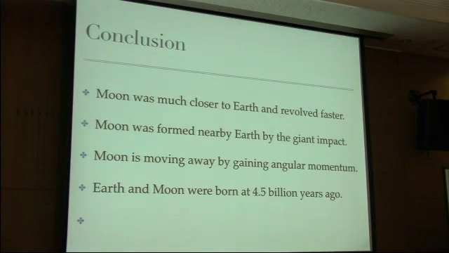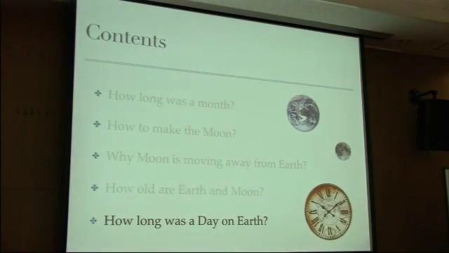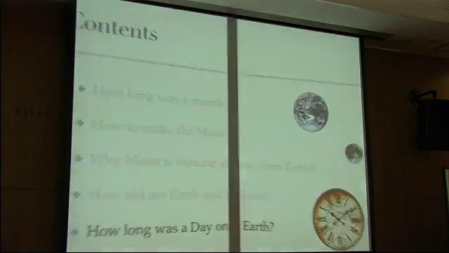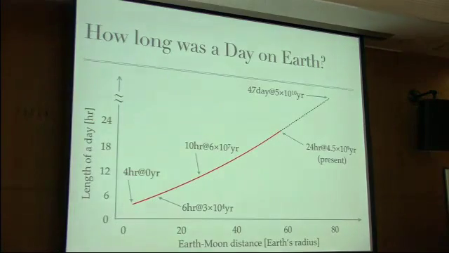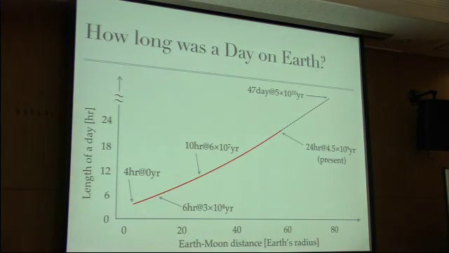Okay, at last, we reached the final answer. So we can answer the final question: how long was a day on the Earth? This is the answer to the question. The horizontal axis is the Earth-Moon distance, normalized by the Earth's radius, and the vertical axis is the length of a day.